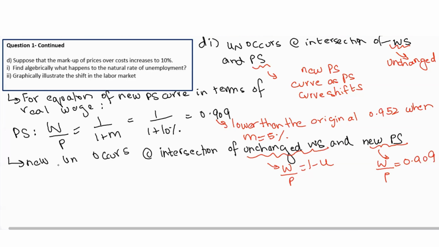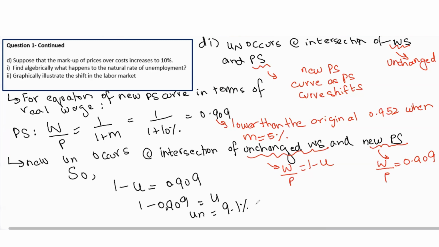So we set both equal: 1 minus U equal to 0.909, so U is equal to 1 minus 0.909. So the natural rate of unemployment is 9.1%, which is greater than 4.76%, the original natural rate of unemployment when M is 5%, as found in part 1.